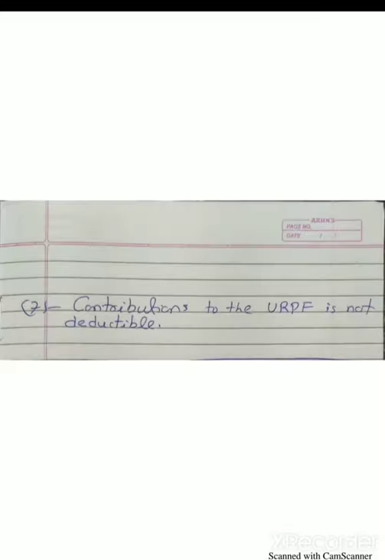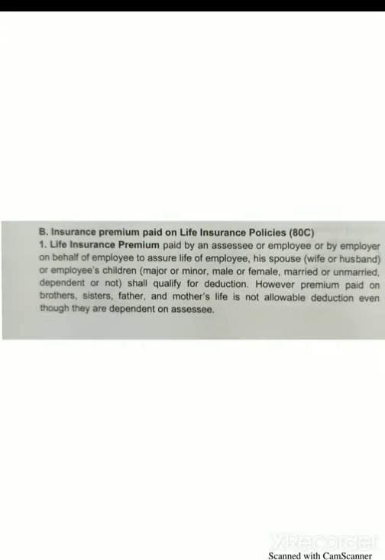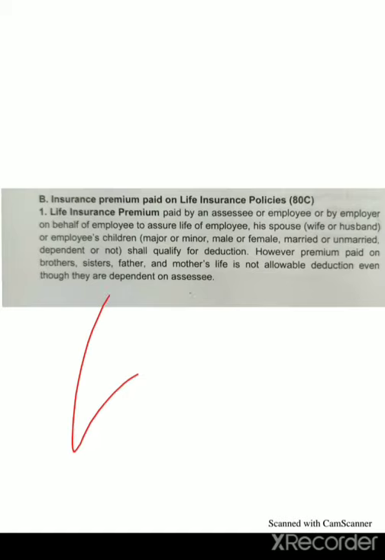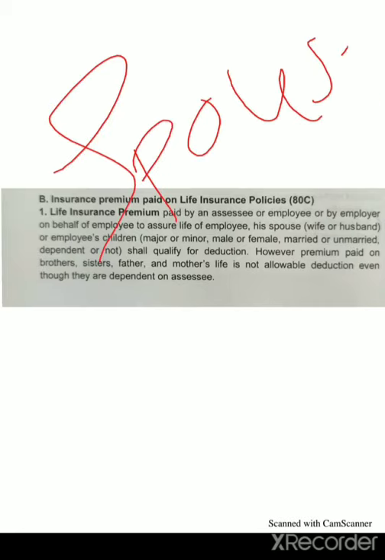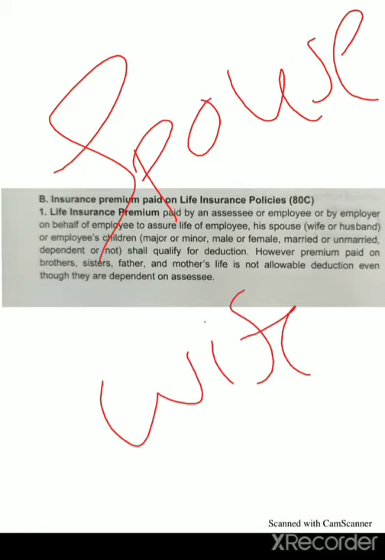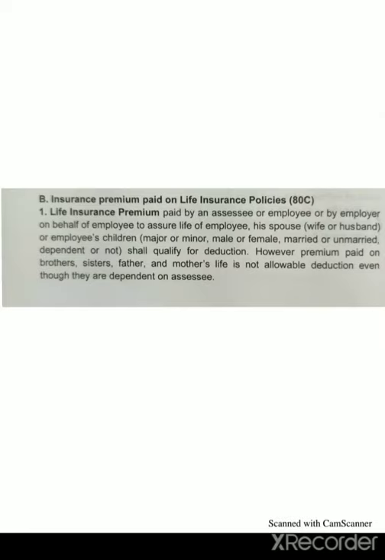Then the second scheme under 80C is insurance premium paid on life insurance policies. If any premium is paid to LIC, he can be eligible to claim here. Life insurance premium paid by an assessee, or by an employer on behalf of an employee, to assure the life of the employee, his spouse. The word spouse comes up a lot in this unit. Spouse means wife or husband, or the employee's children. They may be major or minor, male or female, married or unmarried.